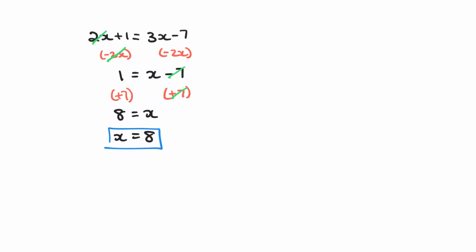So another one similar to that, we have 3x minus 4 equal to 5x minus 2. So again, the x on the left is smaller than the x on the right. So I'm going to bring that 3x to be with the 5x. Now that 3x itself is positive, so I need to subtract it from both sides.